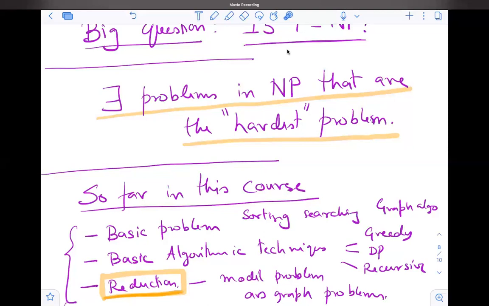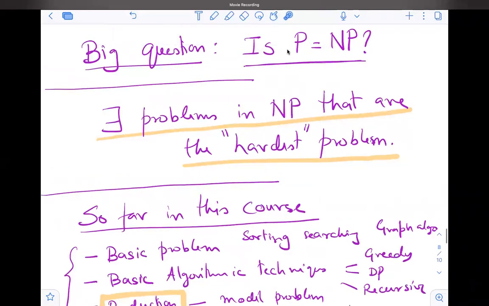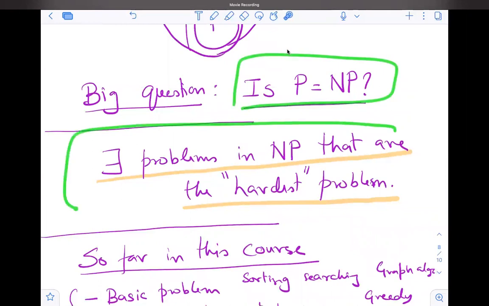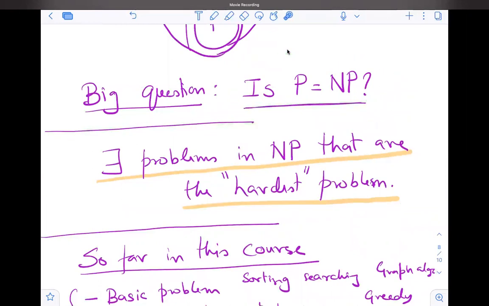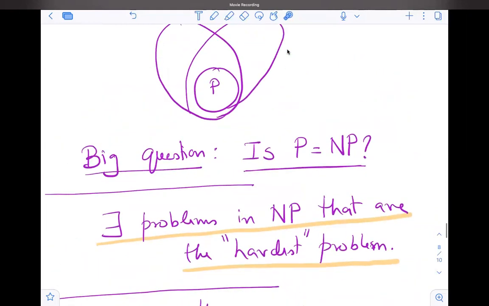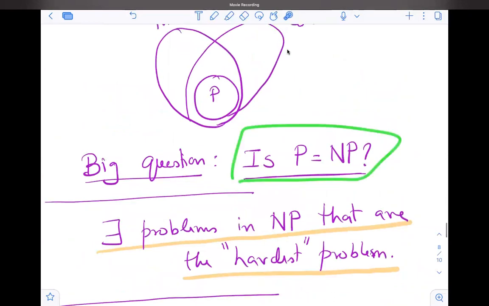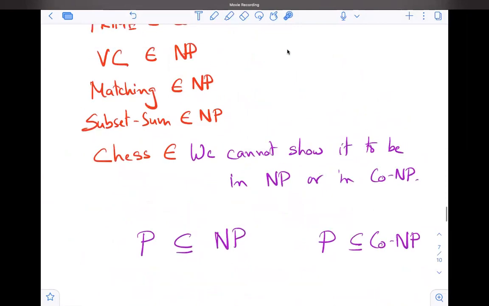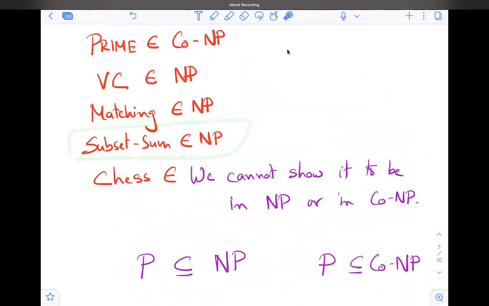Okay. Now, the interesting thing is that, as I told you, the big problem is P not equal to NP. What it will turn out is that solving this problem would be the same as solving whether subset sum is in NP.